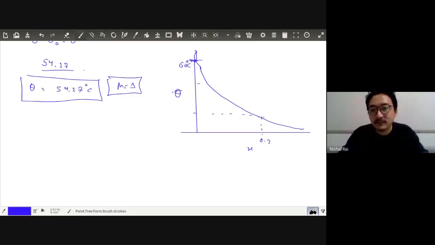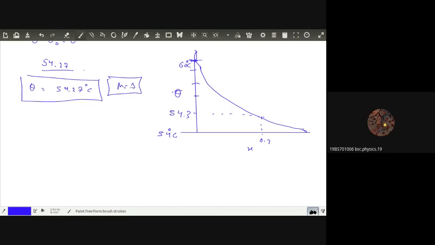It came out to be 54.3, and the end of the bar was at 54 degrees Celsius. So this is how your temperature varies over position. Is it clear, everyone? Yes, sir.